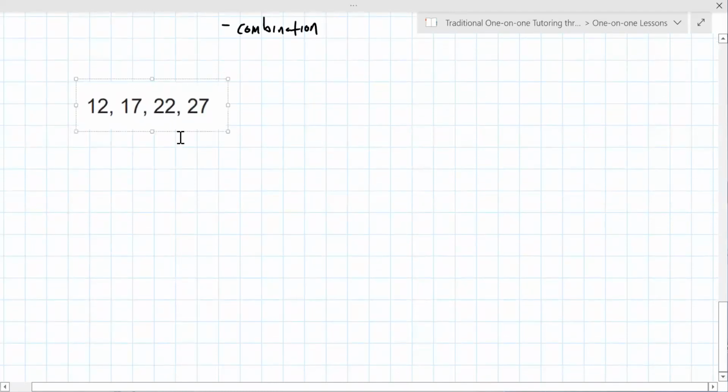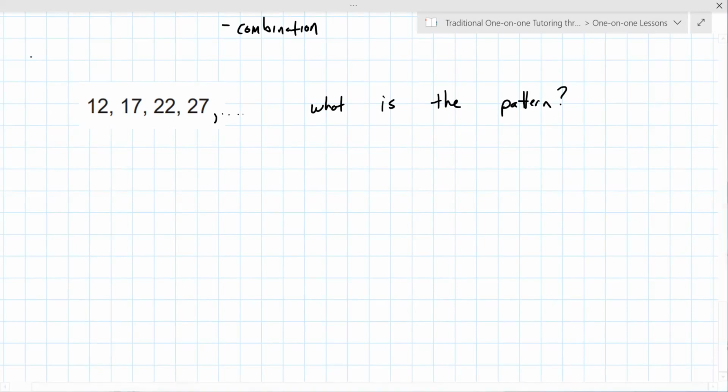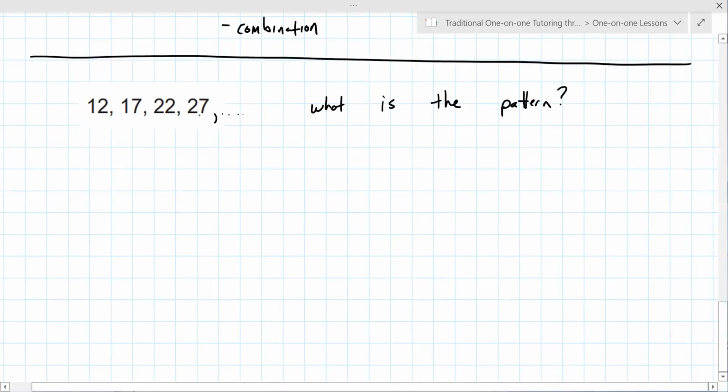And the question is, what is the pattern? I'm asking you to look at these numbers and tell me, what is the pattern? What do you see happening? It's added by 5.